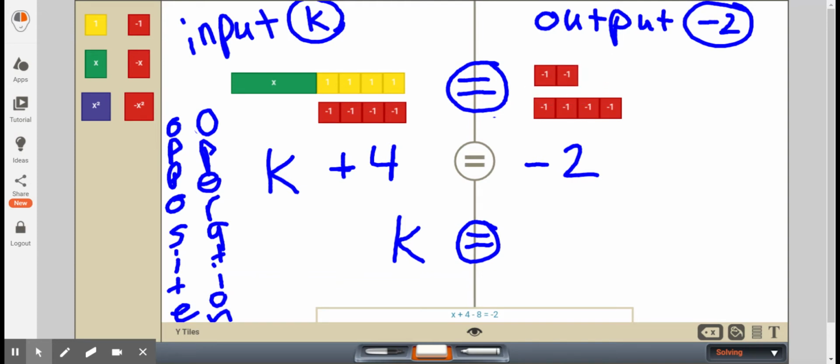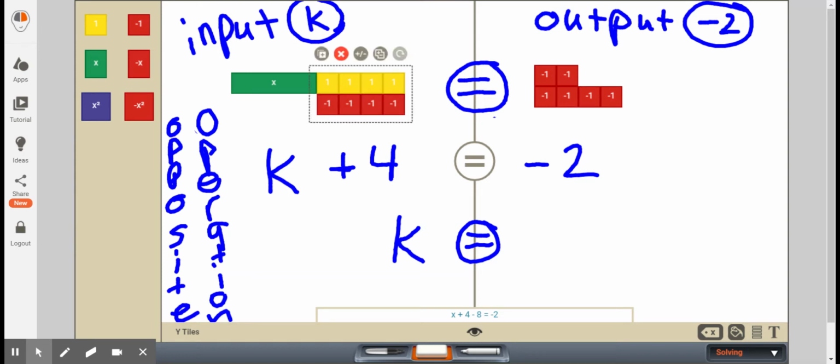In order to think this problem backwards, we're going to do the opposite on the left side and the right side in order to work this problem backwards to get to the k. So if we bring in 4 negatives on the left side and we bring in 4 negatives on the right side, we treated both sides equally.